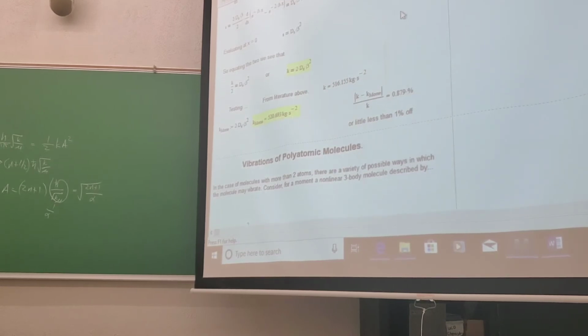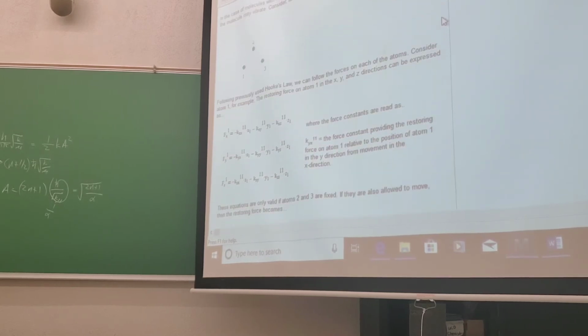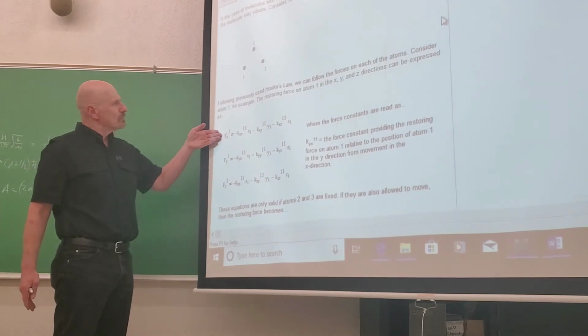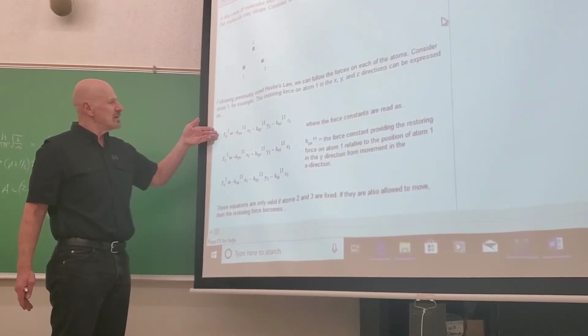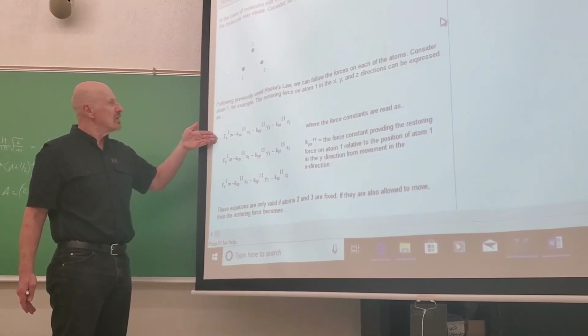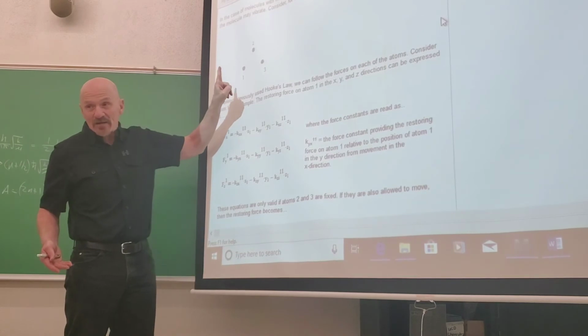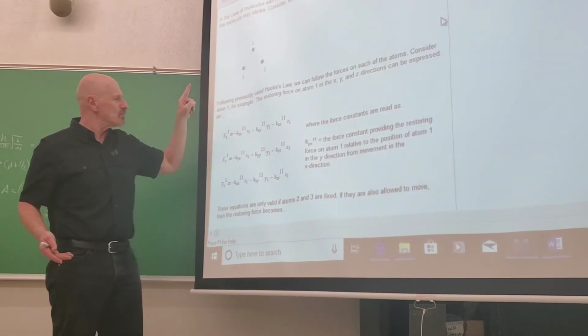The last thing that we do, just like we did with rotation, is ask what we do about polyatomic particles. Well, here we have a bit of a problem because we have force constants that are really different. So right here, this is the force constant in the x direction for particle 1 based on the movement of particles 1, 2, and 3.